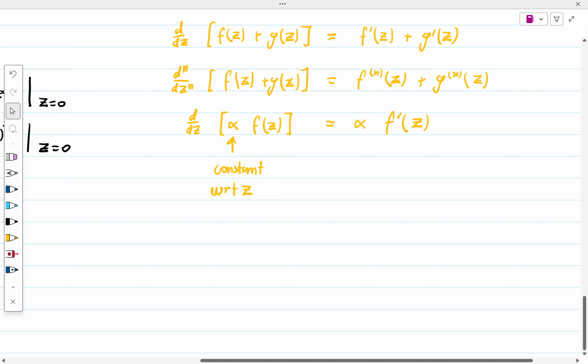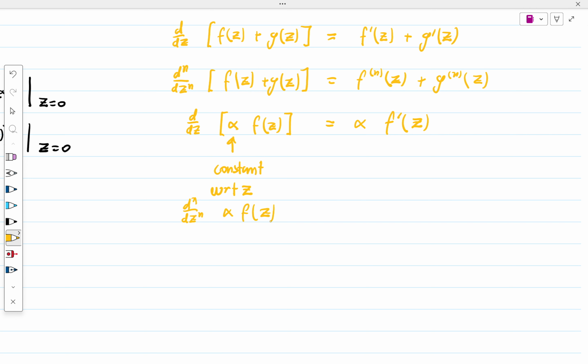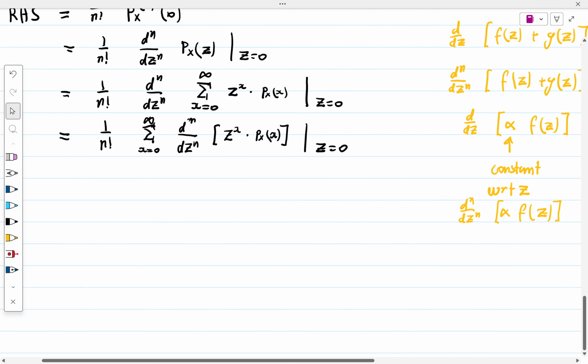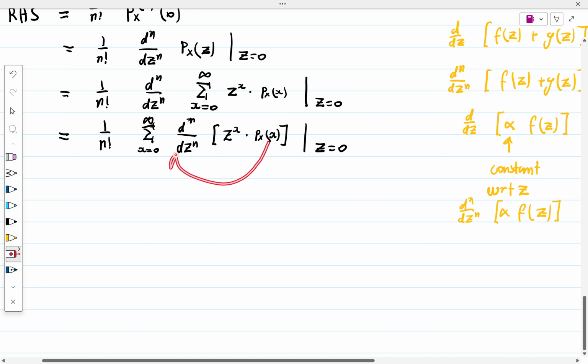And in a similar way, the nth derivative, dn on dz to the n of alpha f of z, becomes alpha times the nth derivative of the function. Keeping that in mind, this is a constant with respect to z, so we can bring it outside the front of the derivative.